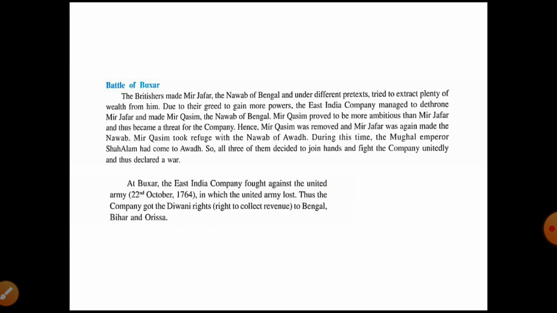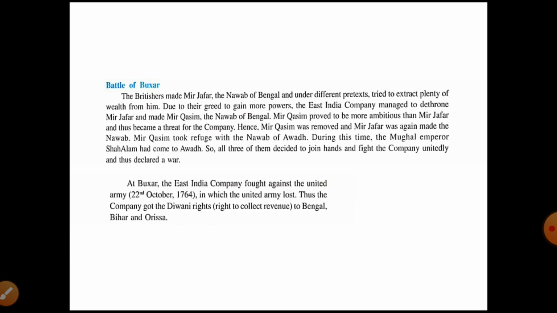So here three armies joined together and fought against the English East India Company. Which three? Nawab of Awadh, Mughal Emperor Shah Alam and Mir Qasim. They joined their armies and fought against the English East India Company.